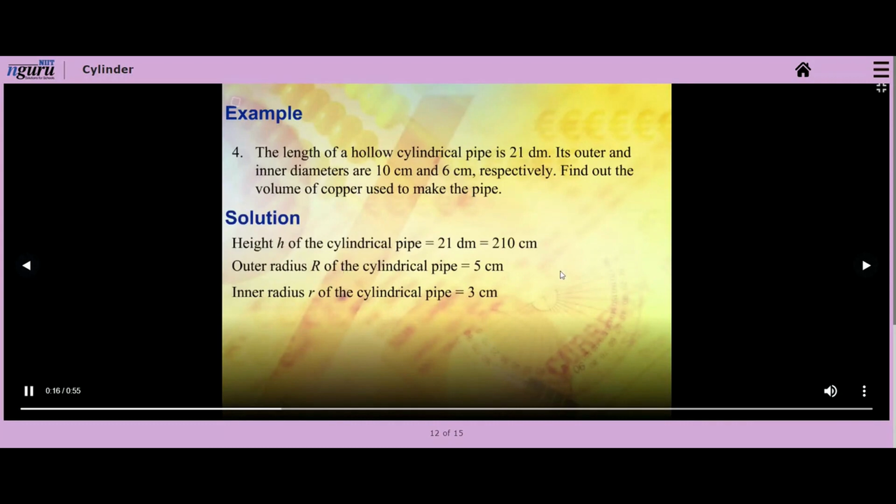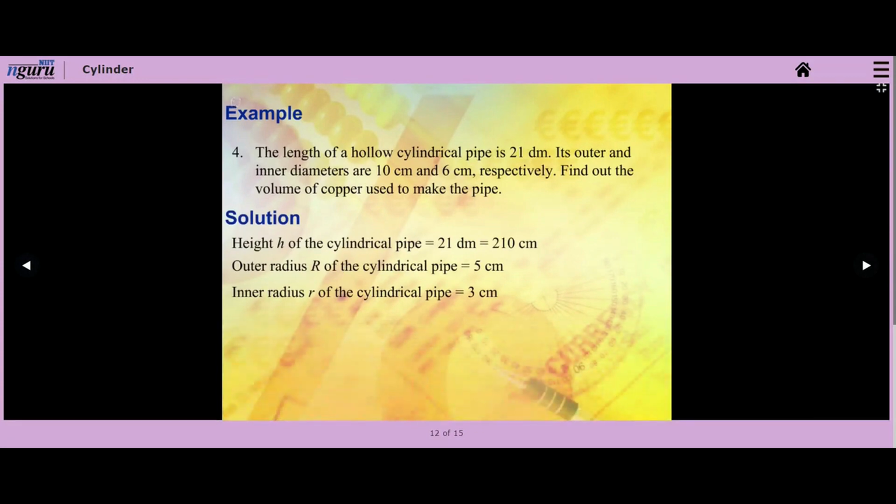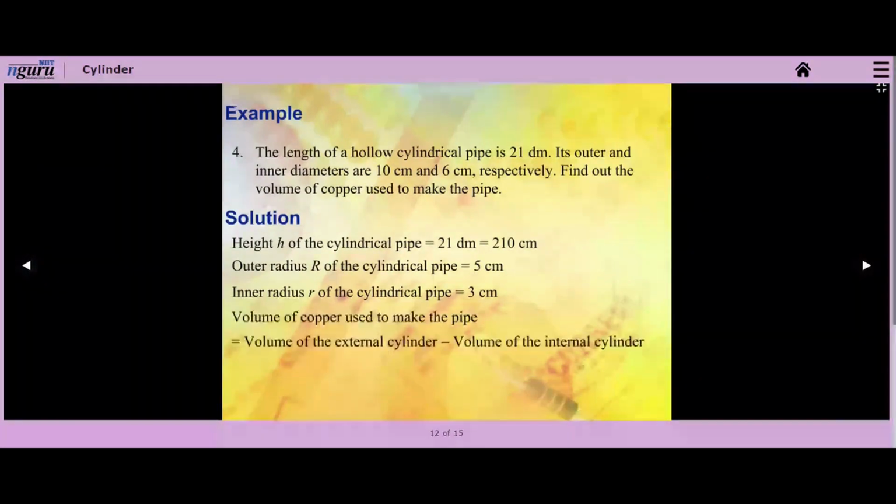Height of the cylindrical pipe is 200 centimeters, and the outer and inner radius is 5 and 3 centimeters respectively. We also know that the volume of copper used to make the pipe is equal to the volume of the external cylinder minus the volume of the internal cylinder. This means that the volume of copper is equal to pi h multiplied by capital R square minus small r square.